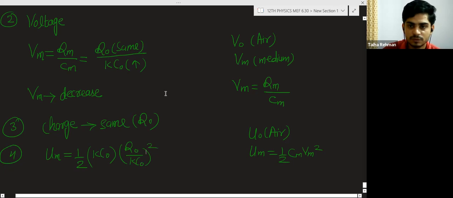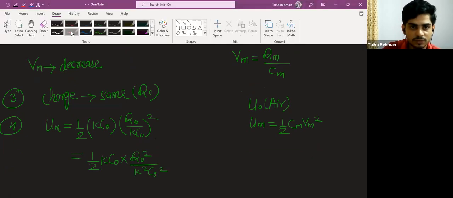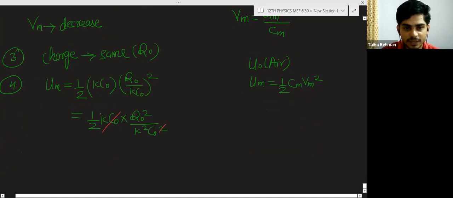Open the square: half K times C naught into Q naught square divided by K square into C naught square. Now C naught and C naught cancel out, and K is also gone.